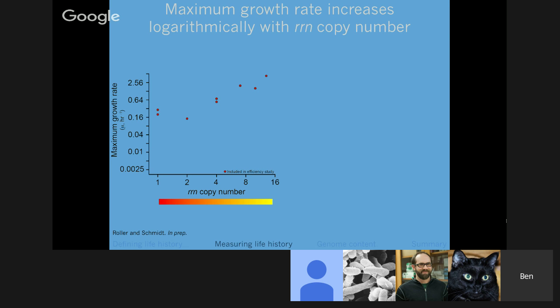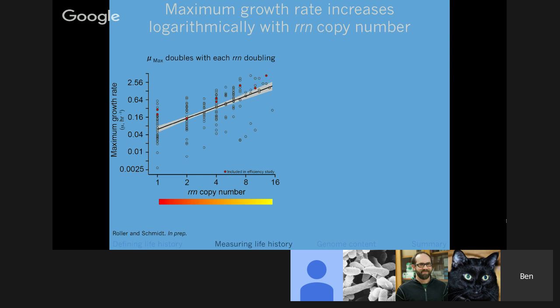So here I'll reuse some of the data from the histogram I showed previously, and we can look at the number of ribosomal RNA genes and the maximum recorded growth rate under any condition for all of these about 180 now bacterial species. So here each dot again represents a different bacterial species that we know its copy number, and there's some evidence for its maximum growth rate in any environment in the literature.